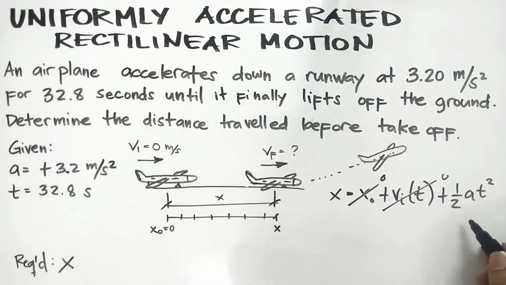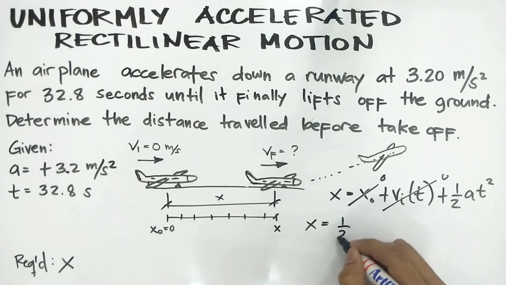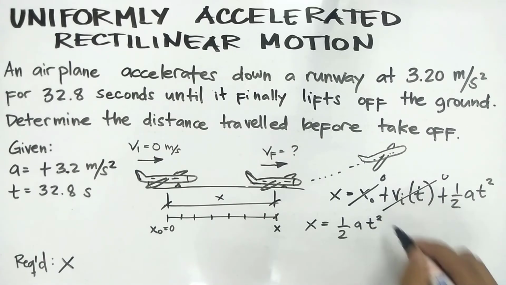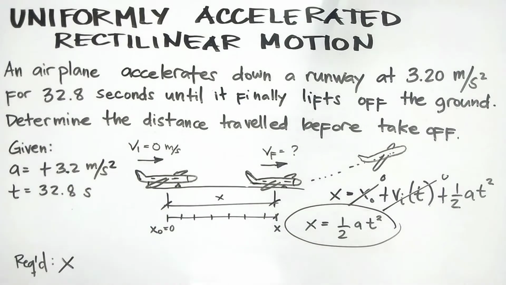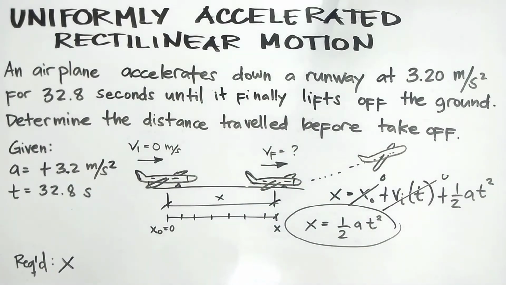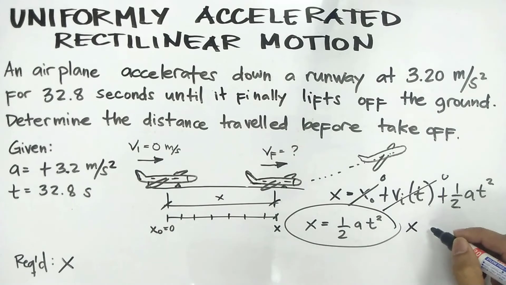So we are left with this equation: x is equal to 1/2 of the acceleration times time squared. Since this is the equation, we don't need to find the value of the final velocity right before it took off. So we can immediately solve this.